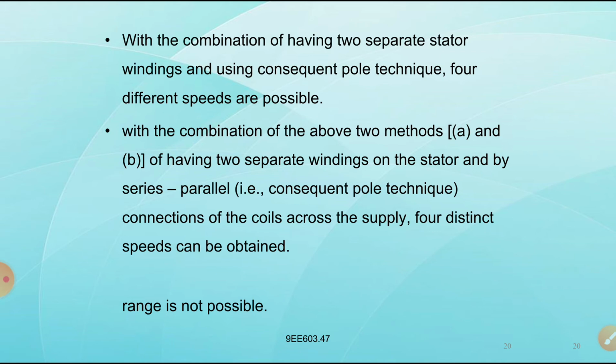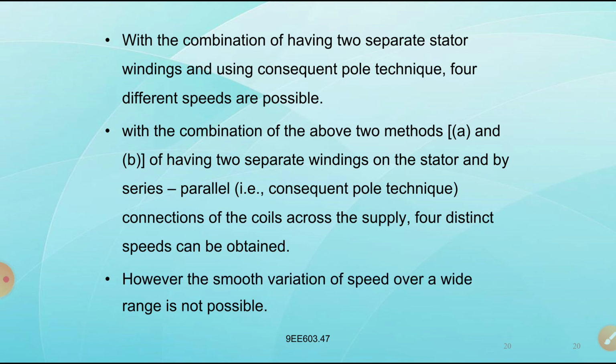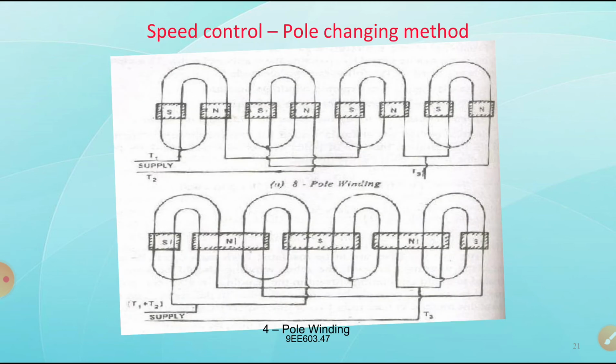Whereas only 2 speeds are obtained once two separate windings are inserted in the stator. In the consequent pole technique, by connecting T1, T2, T3, T4 in series and parallel, we get 4 variable speeds. However, the smooth variation of the speed over a wide range is not possible in these techniques.